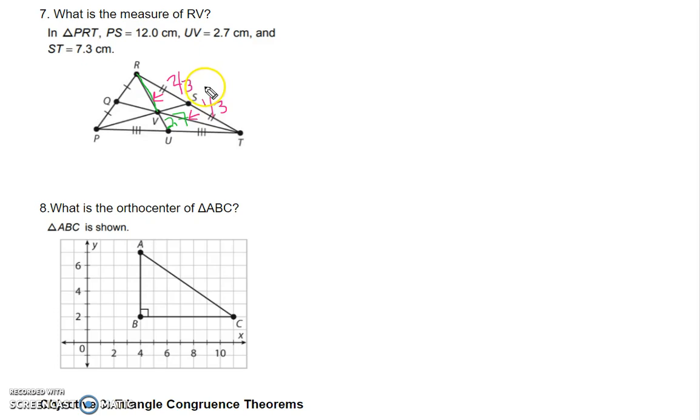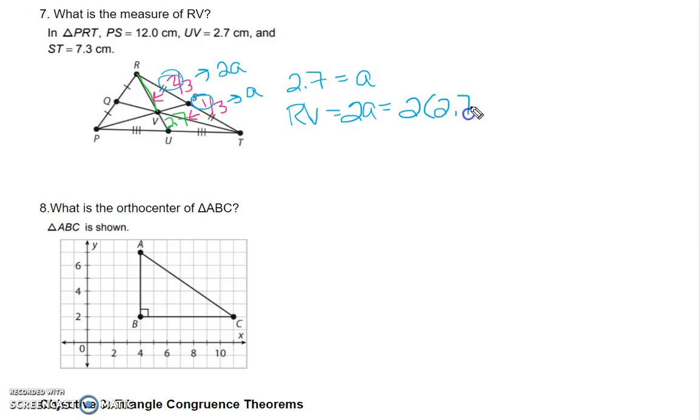Furthermore, if we look at part to whole, this takes up 2 of the parts of the segment, this takes up 1 of the parts, and that's associated with our numerators. So if 2.7 is equal to 1 part, then RV, which is 2 of those parts, equals 2 times 2.7, which is 5.4.